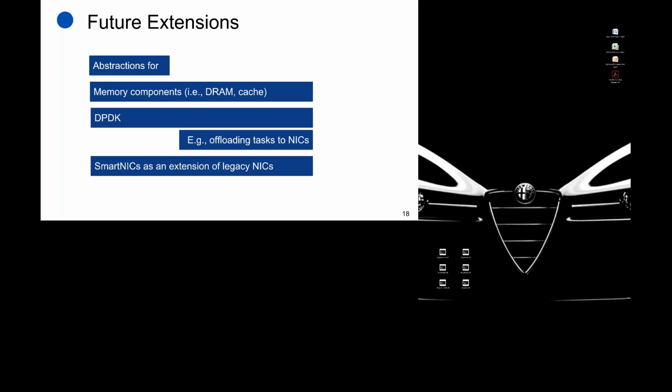Also, there are some low-level abstractions provided by DPDK, which tackle some tasks that modern network cards can do, such as offloading. And as I said before, smart NICs are also a new exciting area where we can explore other opportunities.